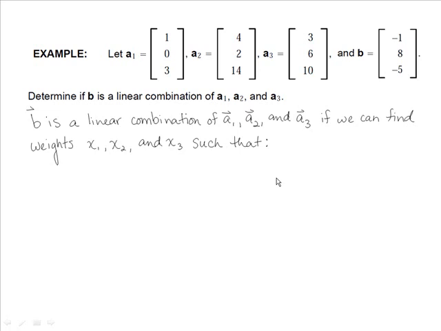The vector B is a linear combination of A1, A2, and A3 if we can find weights x1, x2, and x3 such that the following is true. x1 times our vector A1 plus x2 times our vector A2 plus x3 times our vector A3 is equal to the vector B.